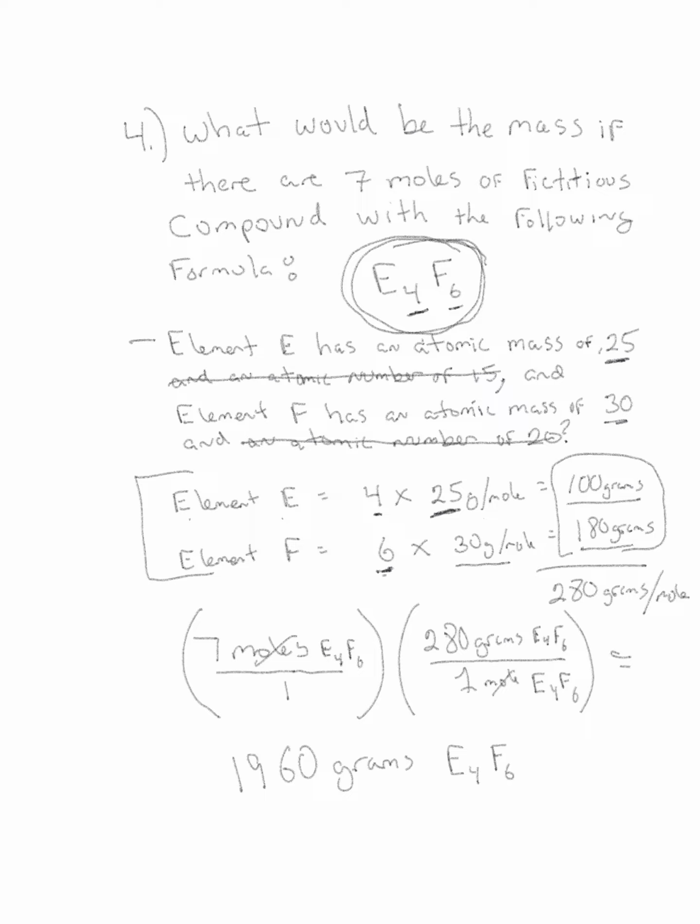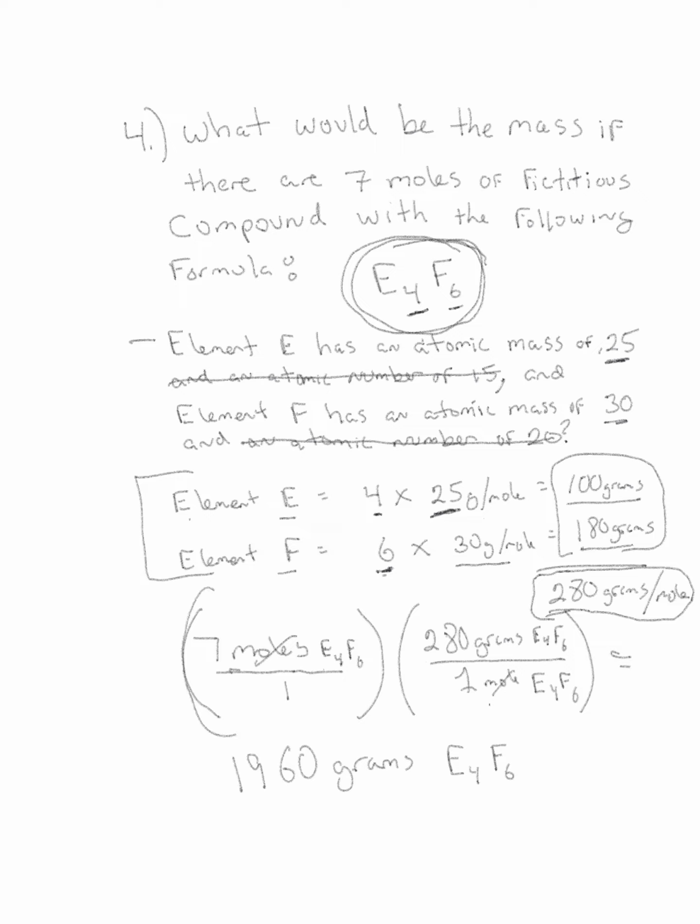And so I add up the molar mass of E and the molar mass of F in this molecule, and it comes up with a total of 280 grams per mole of E4F6. So I said we have 7 moles, so I'm going to multiply the 7 moles of E4F6 times its molar mass, which is 280 grams of E4F6 per mole.